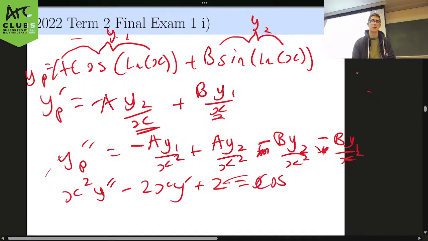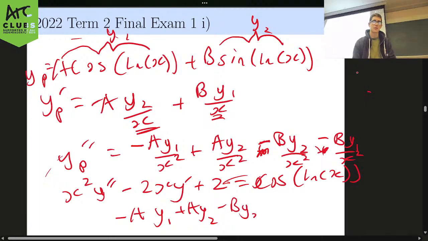We need this to be equal to cosine ln x. All right, so substituting that in, we get negative a y1 plus a y2 minus b y2 minus b y1 is equal to negative 2b, no, not equal to.